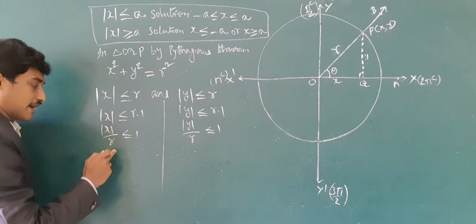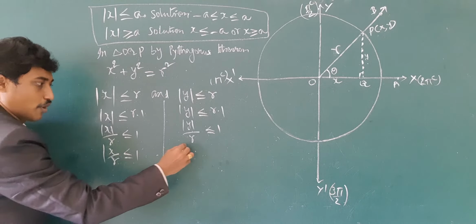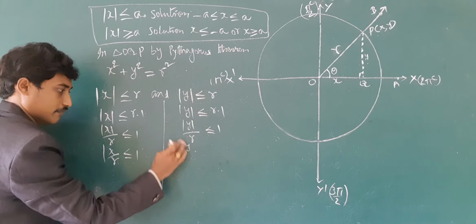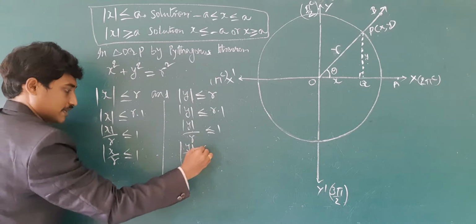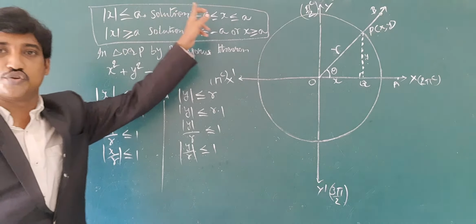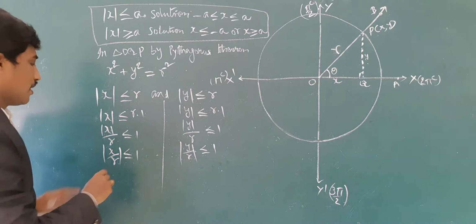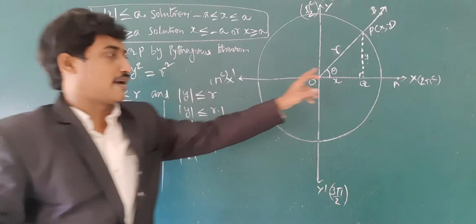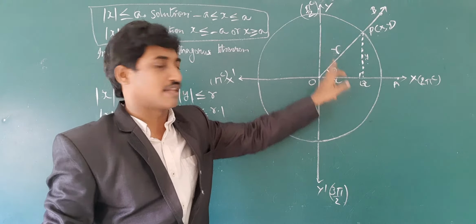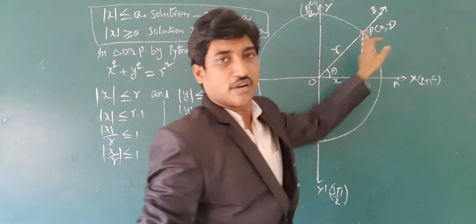Now I am writing for both: modulus x by r less than or equal to 1, and modulus y by r less than or equal to 1. What is x by r? X coordinate by r is nothing but cos theta.